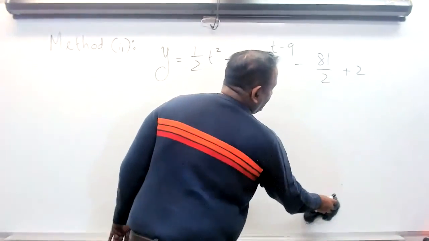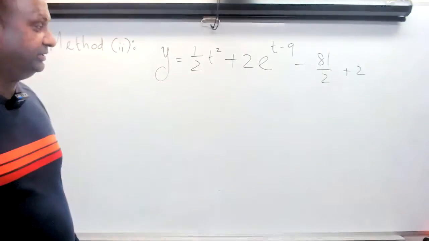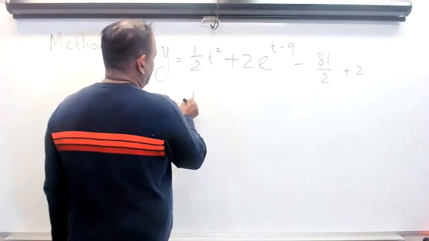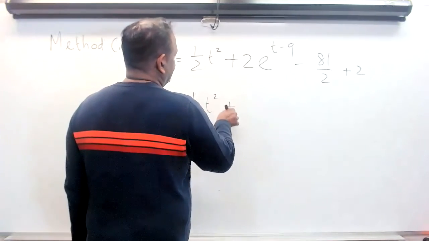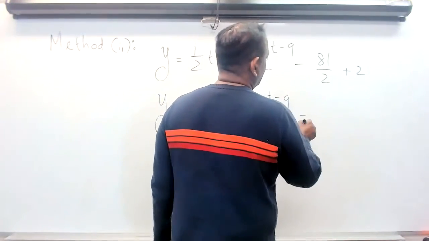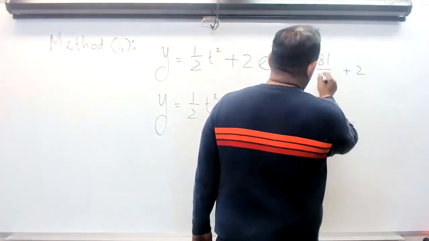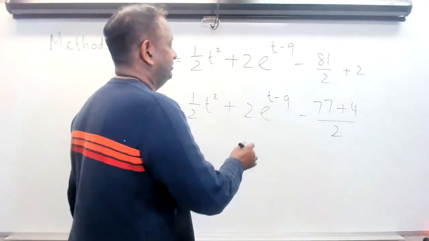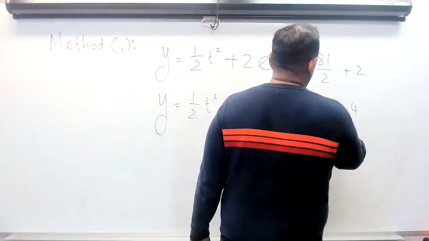See, we didn't put C. We didn't evaluate C. I just set up the upper bound and lower bound. 1/2 t squared + 2e^(t-9) - 81/2 - 2 + 4. I'm sorry, minus 81 plus 4.